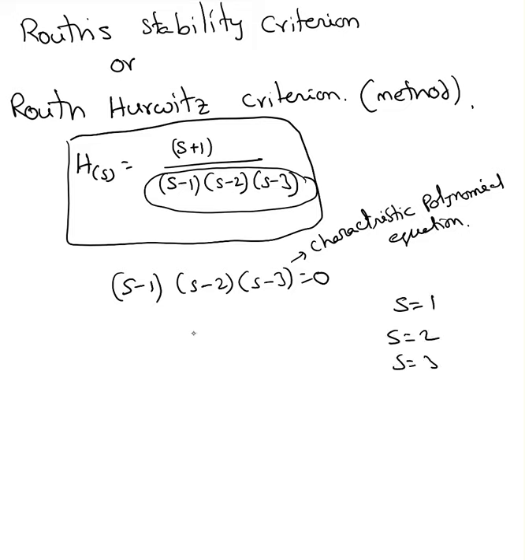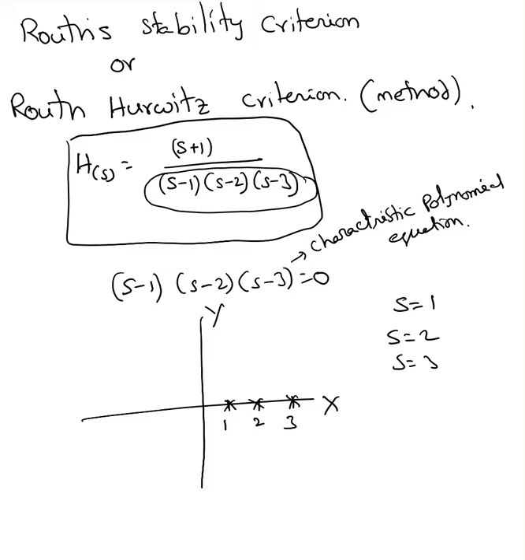Okay, all these three poles. So if you look into the xy plane, s equal to 1 is right there, 2 right there, 3. All these poles are on the right hand side of the y-axis. Okay, if it is right hand side of the y-axis, then that system is not going to be stable. It's not a stable system.